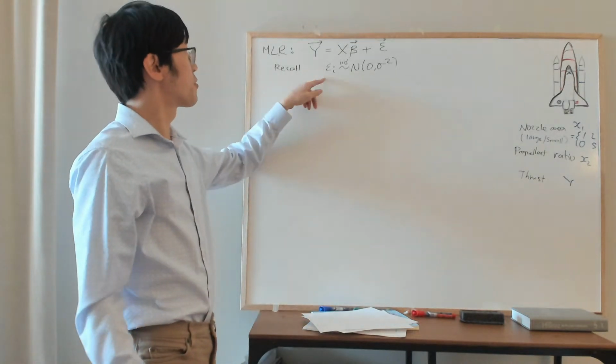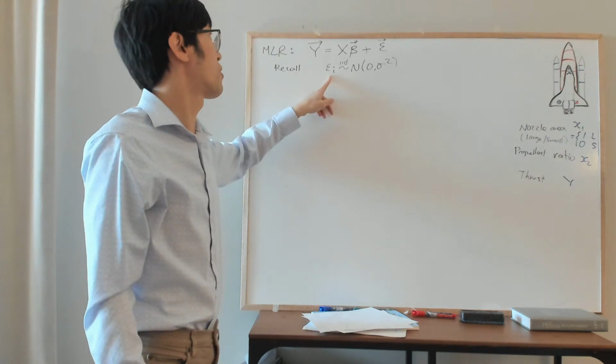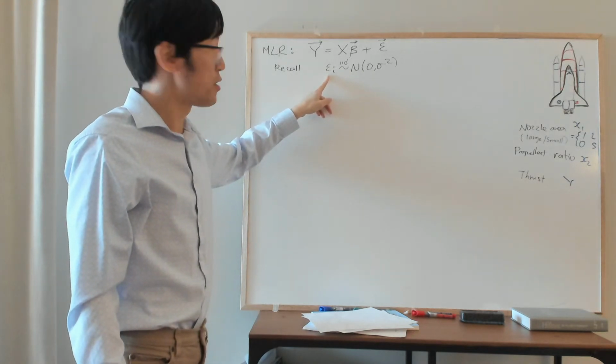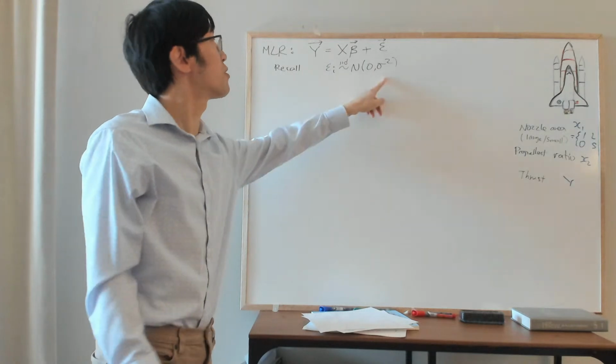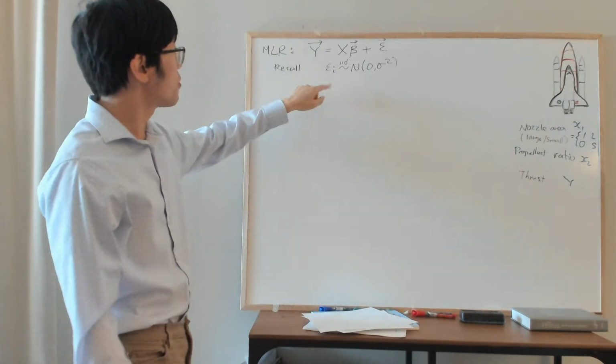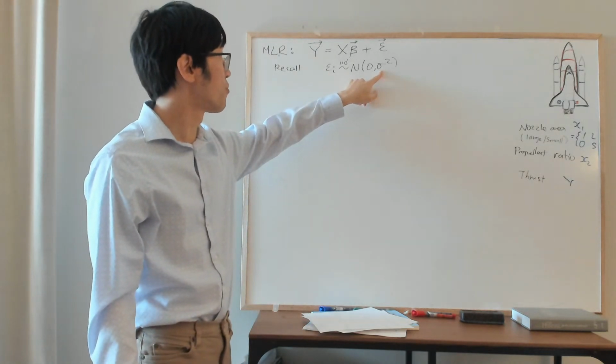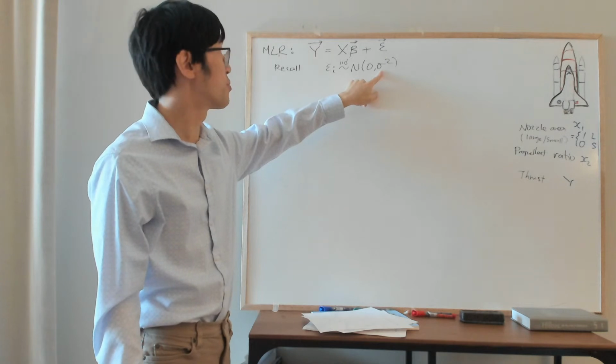Since we're going to adopt matrix and vector notation, let's talk about how we can rewrite this assumption on the epsilons in terms of what we learned. We know that all the epsilons have the same variance, sigma squared.